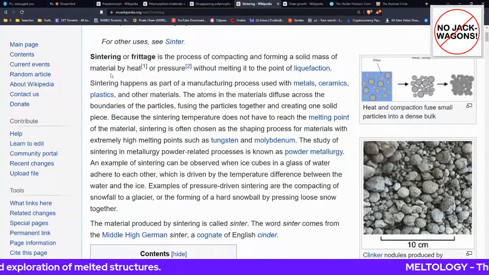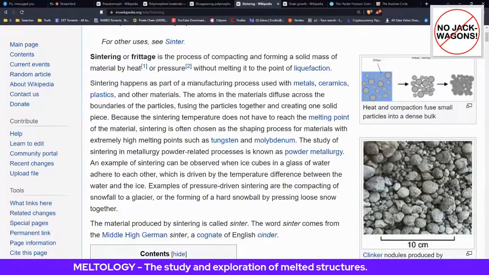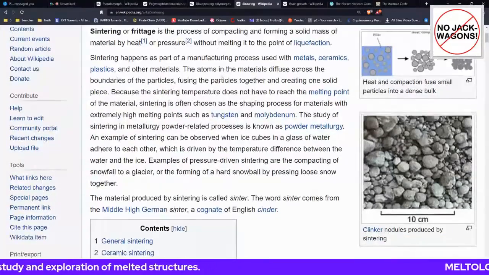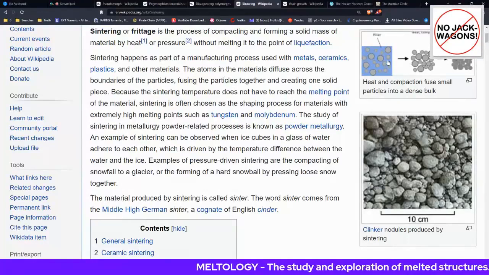This is what we get. And like I said, with metal, ceramic, and plastic, this is the same type of thing that they use to form these metals and the ceramics. And you can see a small drawing of what it is like.